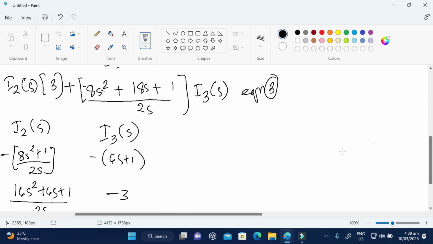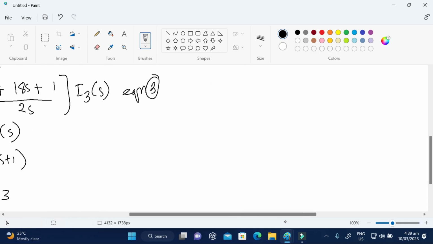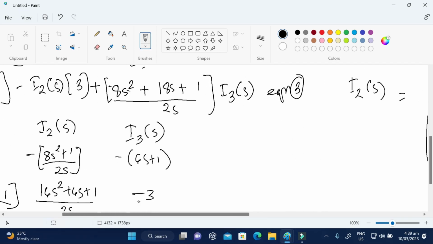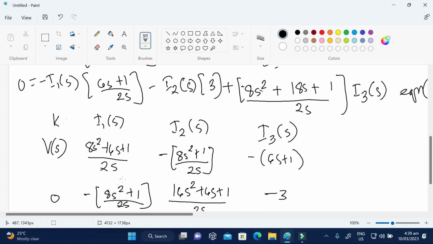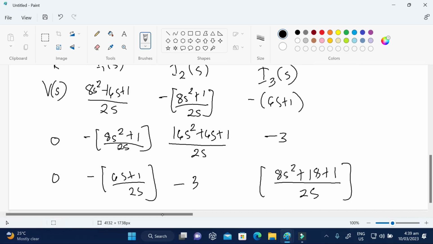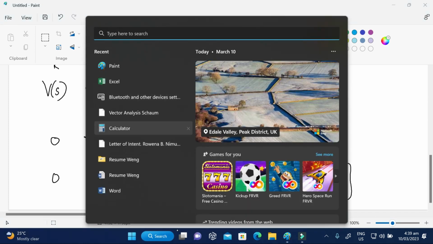Gagawa tayo ng matrix. Si I2, kukunin yung current. So, ilalagay nyo sa ibabaw, okay, ang papalitan yung column ng I2. Kunin natin ito. So, gawa tayo ng sniping tool.